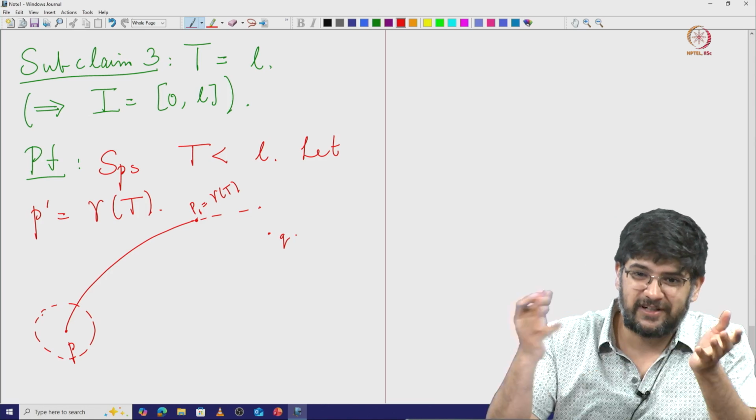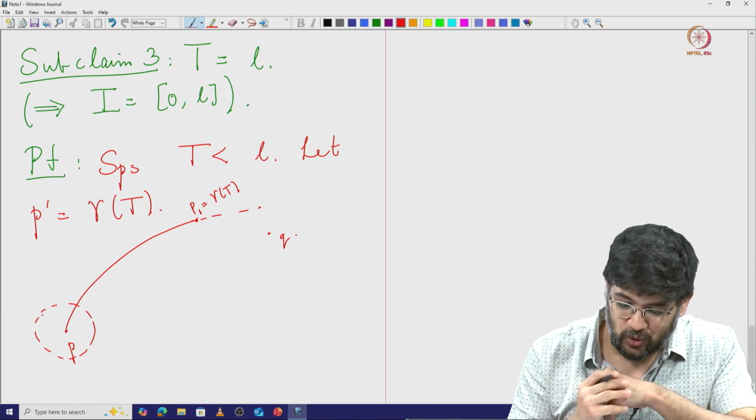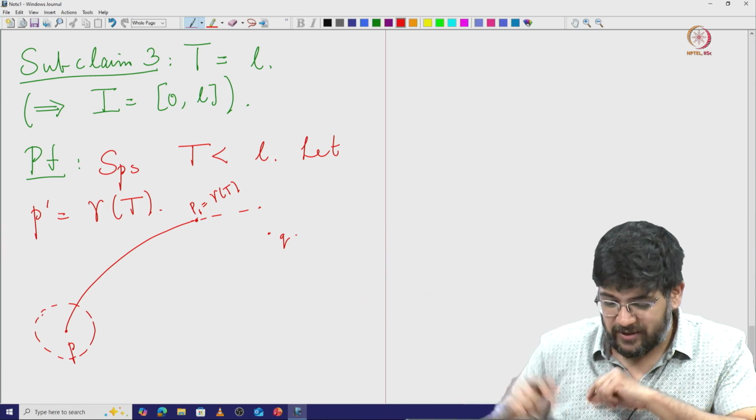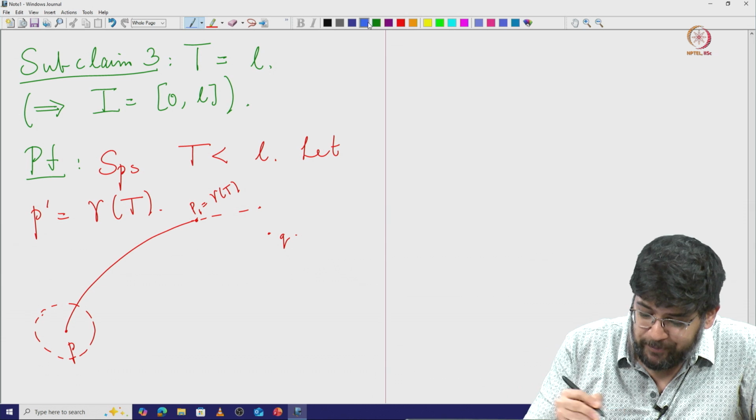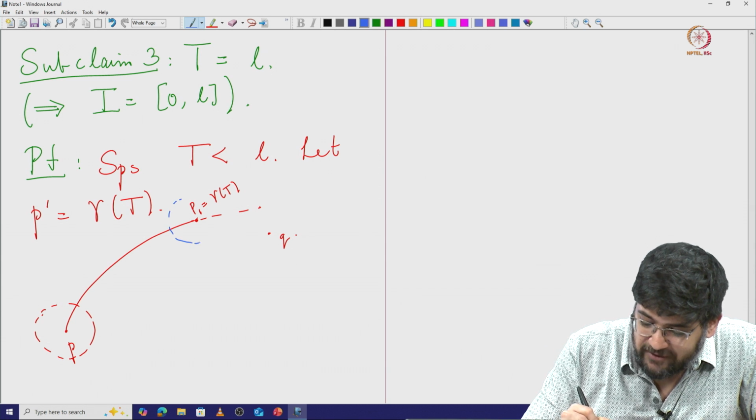So this means that what we are claiming originally is not true, our gamma does not reach all the way up to Q. Okay, so then the idea is that what you did at P, you do the same construction at this P1.